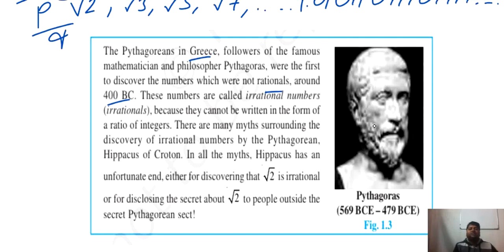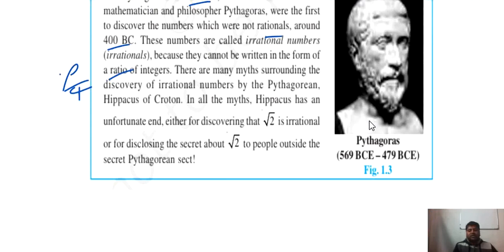These numbers are called irrational because we cannot write them as a ratio of integers, that means in p by q form. Here we see that root 2 is an irrational number, and it was a secret of the Pythagorean set not to be disclosed to people outside.